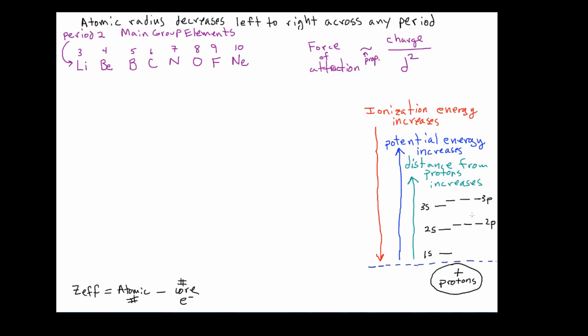Now over here on the right side of the screen, I've provided you with a schematic that you can use to visualize what I'm talking about here, because you need to remember that the energy levels are different distances away from the protons.